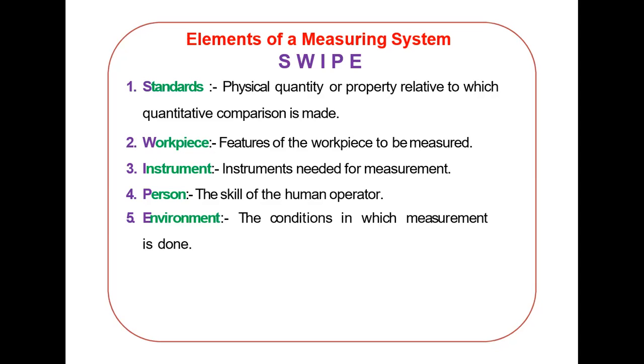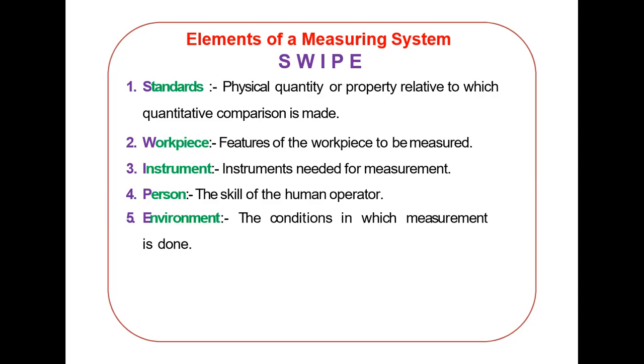And next, W stands for workpiece. So the feature of the workpiece is to be measured. Features means dimensions of the workpiece are to be measured. Next, I stands for instrument, the instruments needed for the measurement.